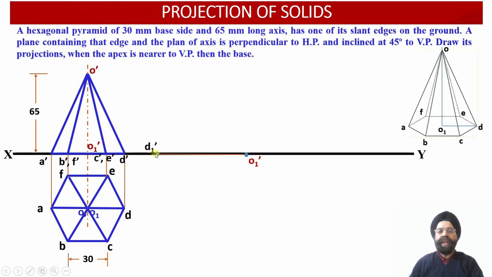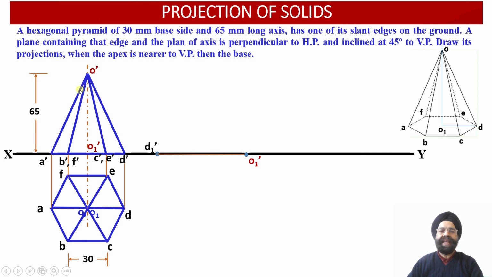Similarly, from the point O dash, we know the distance of this slant edge O dash A dash. So this length of the slant edge we also know.